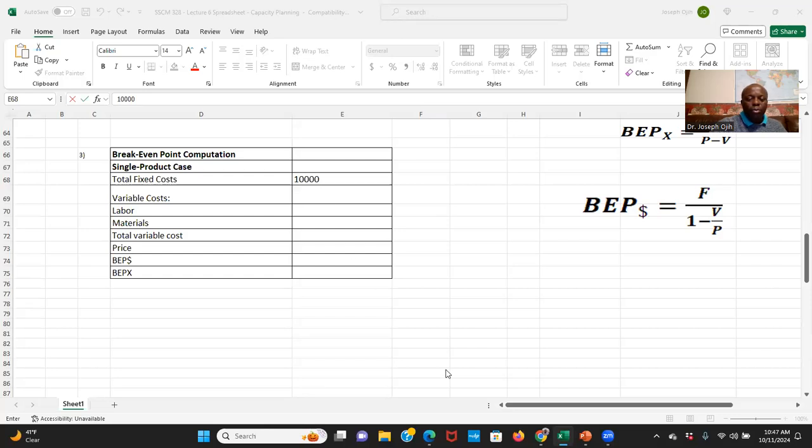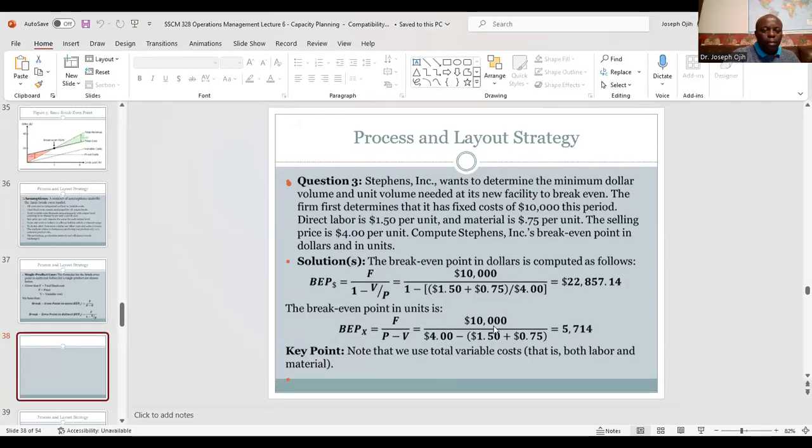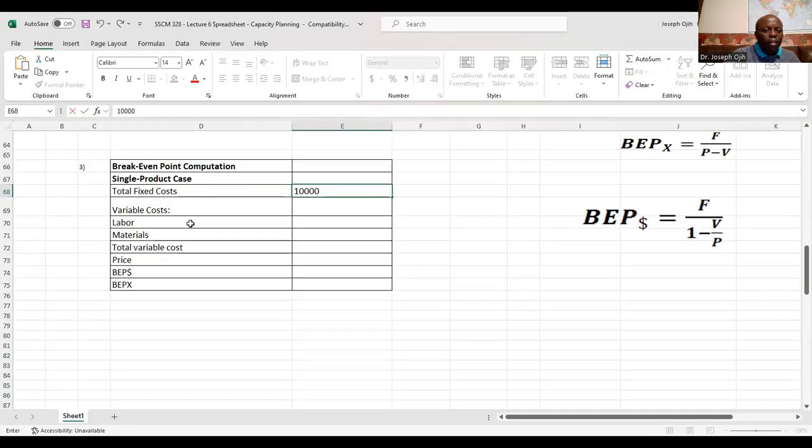The next thing is to look at the other information we have. Direct labor is $1.50 per unit, and the material is 75 cents per unit. Those make up the variable cost. So for the variable cost, we have labor at $1.50 per unit, and material at 75 cents.